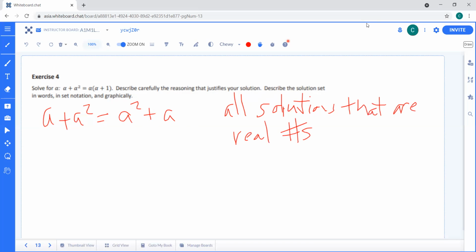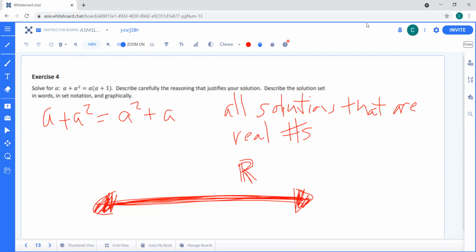So 0 will work again, right? So then in set notation, we would write that fancy little R. And then we could also just do everything on the number line. So fill it all in. Doesn't matter what numbers you put on there. You've got to fill it in.